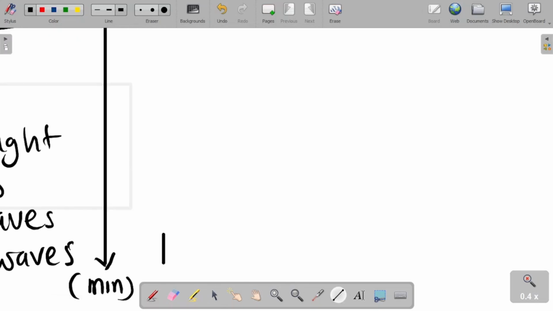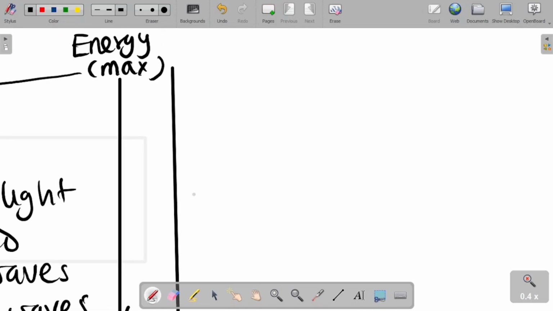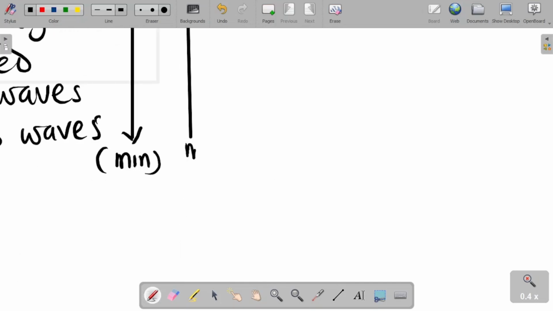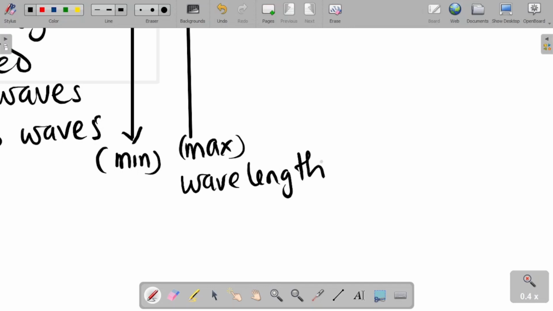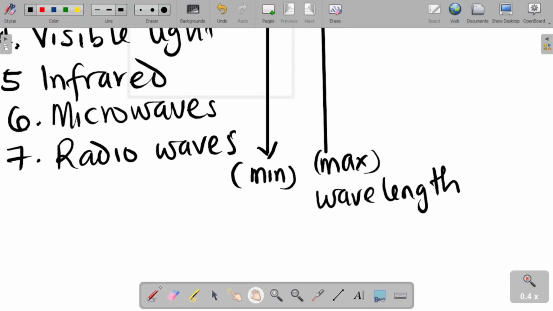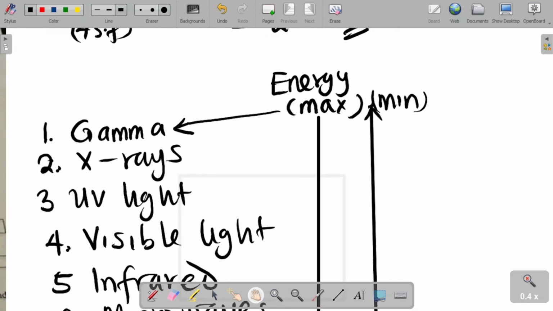So the one with the maximal wavelength is radio waves, while the one with the most minimal wavelength is gamma.